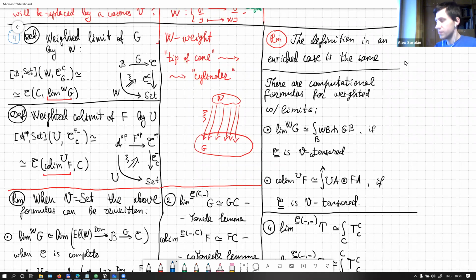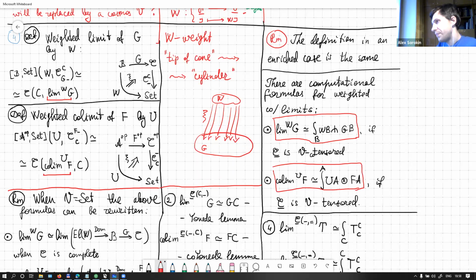Well, I won't be myself if I do not provide you any formulas for how to compute these things using ends and coends. As you remember, our main tool is the coend calculus. So weighted limit and colimit can be easily computed as the following end and coend respectively. However, the only obstacle is the following.